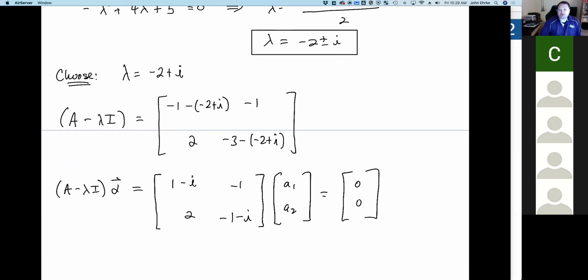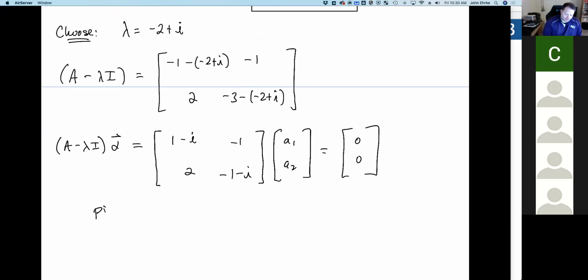Now, unlike the real eigenvalue problems that we were working on previously, I've got the imaginary number i running around, so it makes it harder to look at the weights that are involved. My recommendation to you is to make one of the weights 1 and then just solve for the other one. So I'm going to pick A1 to be 1, and you could have picked A2 to be 1, either way.